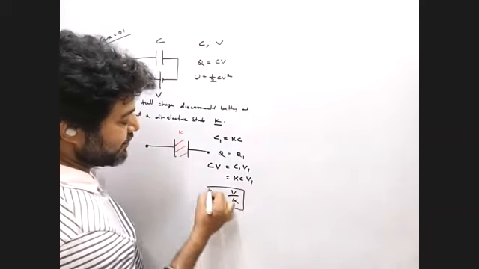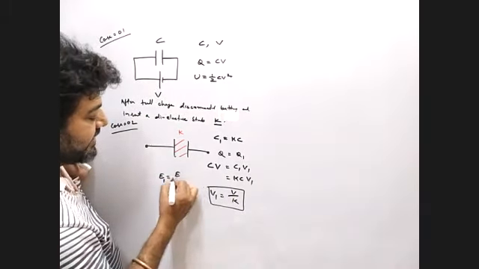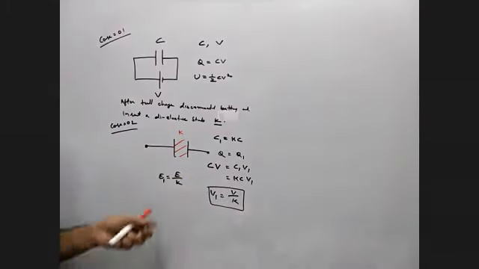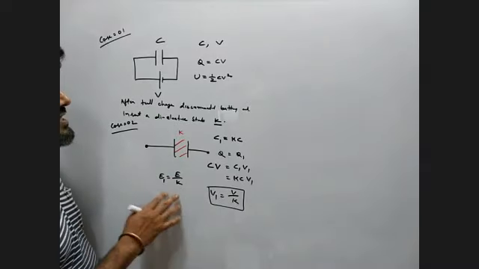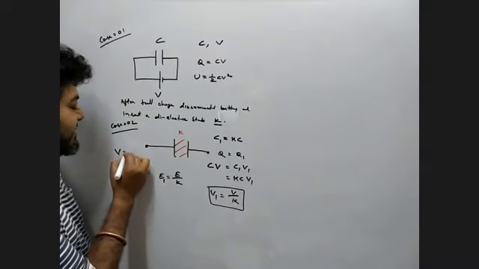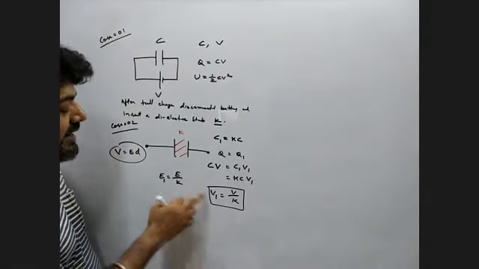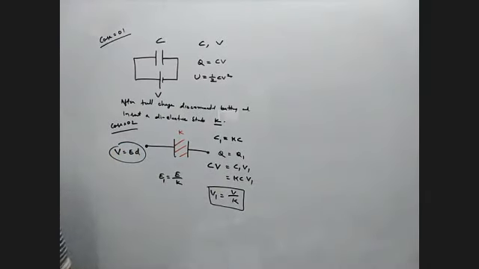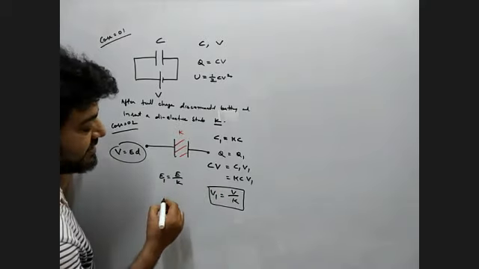We also know the electric field decreases K times, and since E equals V by d, if the electric field decreases K times, my potential also decreases K times.